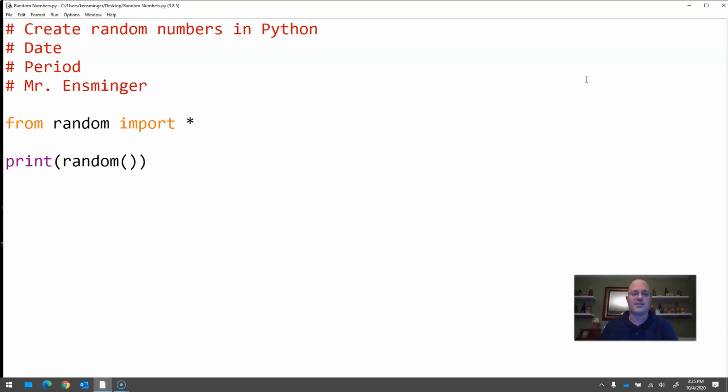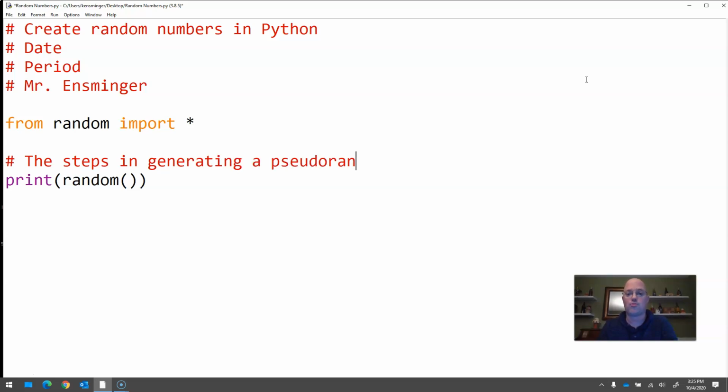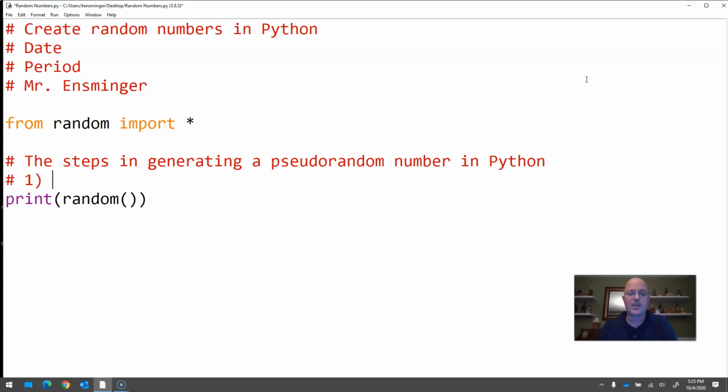So the steps in generating a pseudo random number in Python are as follows. Step 1, use the random function to generate a value.